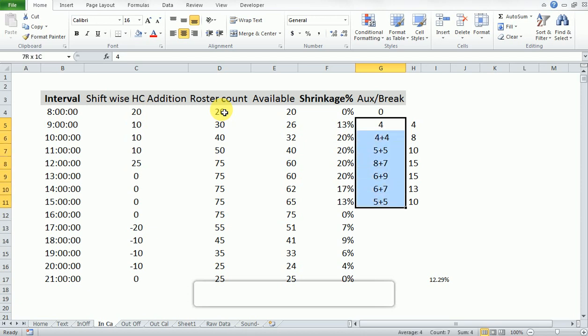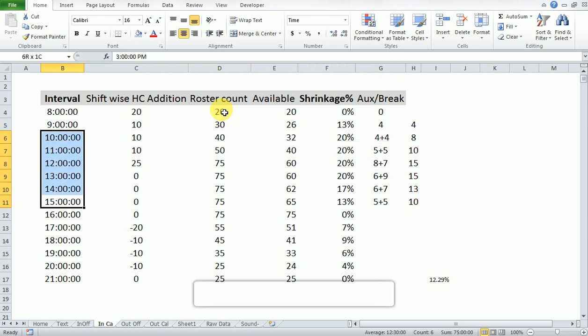So you can see I have tried to tell you that 75 people have been reported for break during this shift time, because every shift time he has to manage the break as per the availability, and in total we have a max head count of 75. So he is giving breaks from time to time.